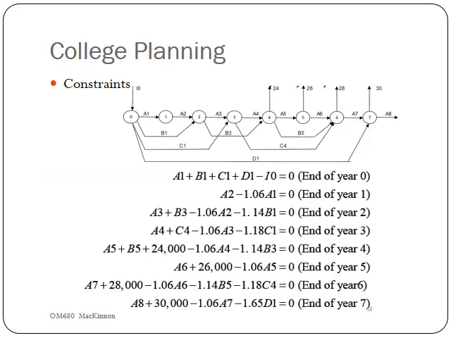The algebra looks like this. At the end of year 0, we take a look at flow out, A1, B1, C1, D1, minus flow in, IO, equals 0. Remember, if you always keep in your mind flow out minus flow in equals 0, it helps you build your constraints very easily. So at the end of year 1, the only thing we've got coming out is A2.